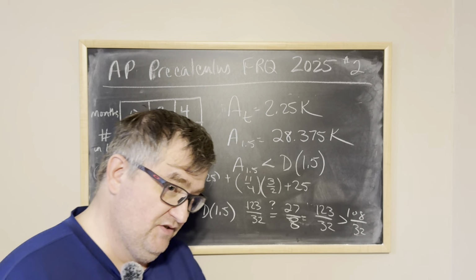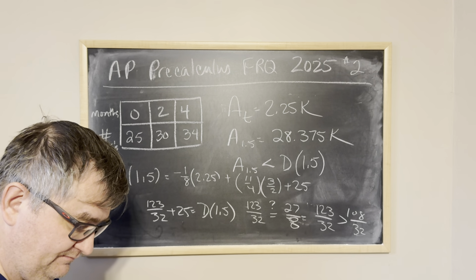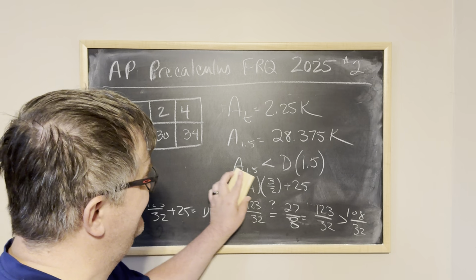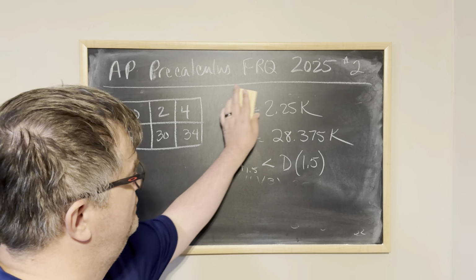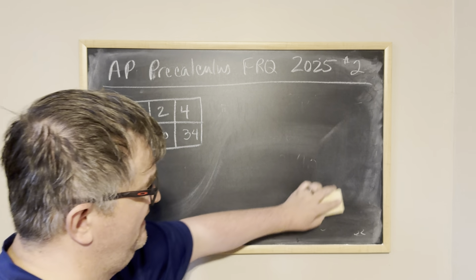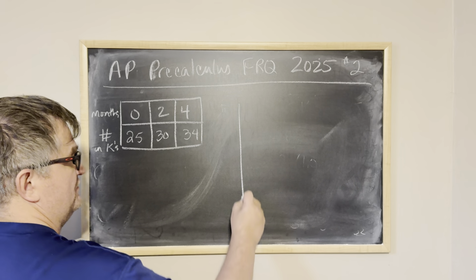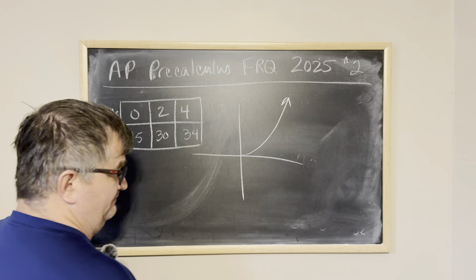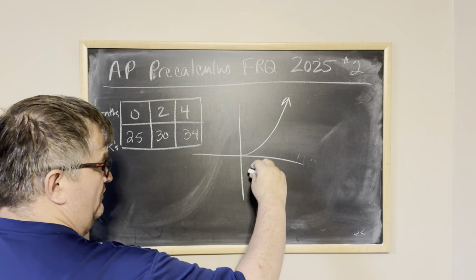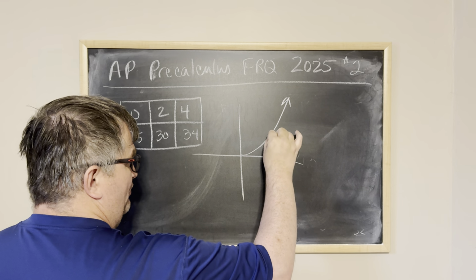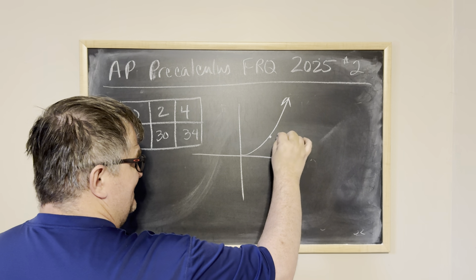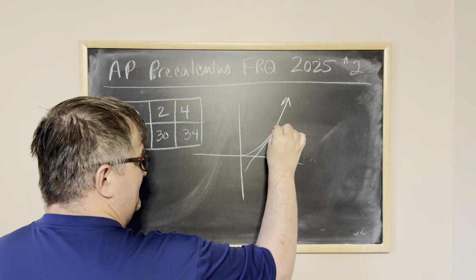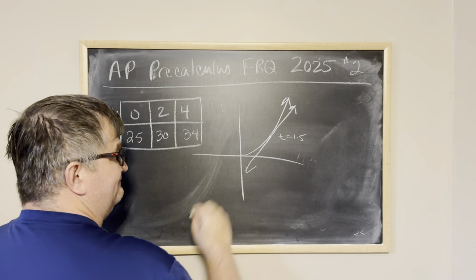Now, because you proved it, your explanation should include a reference to the graph. So what does this mean? They're asking you to interpret. And so what they're saying is this. Here's your graph, and here's our parabola. And we know that at this point right there, we're going to say this is t at 1.5. But the secant line does that.